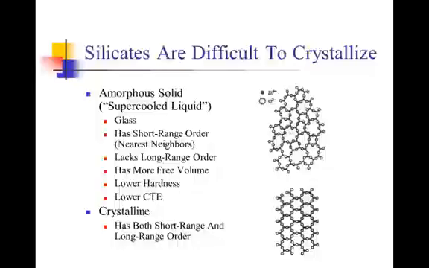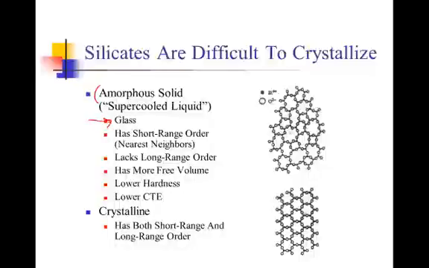The more complex the material structure is, the longer the distance before the structure repeats again, the more likely it is to not crystallize upon cooling, or to require a very, very slow cooling process in order to crystallize. So silicate ceramics can be crystallized, but they will tend to be amorphous and not crystalline. That's a material that we also refer to as a glass.